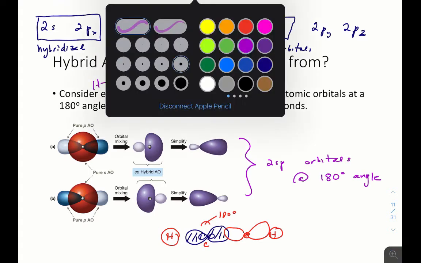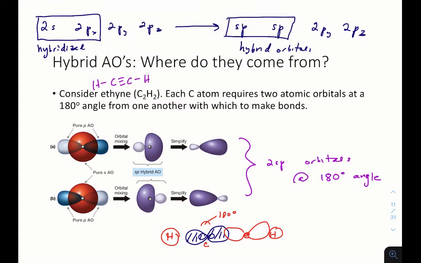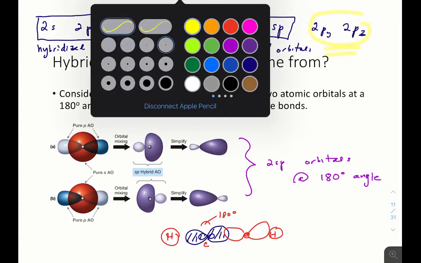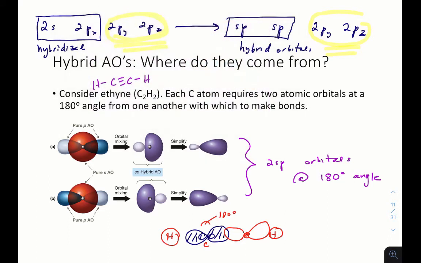I'll point out one more thing before we leave this slide. Not all of the atomic orbitals were used to make the hybrid orbitals. So these two p orbitals, they're just still there after hybridization. So I'm going to refer to these as leftover p orbitals. They're still there and able to make bonds. And we can even draw them in. They're going to be at 90-degree angles to these sp orbitals.